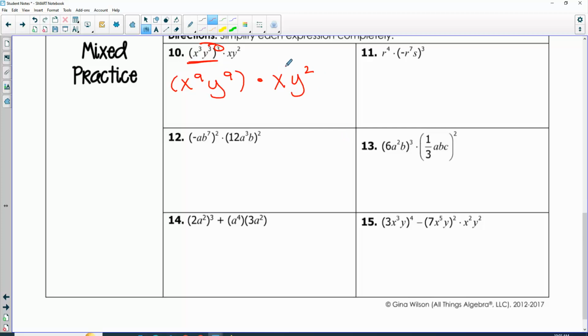This is like an x to the first. So if you have 9 x's and then 1 x, how many x's do we get all together? 10. With my y's, I have 9 y's here and 2 y's here, so that gives me 11. X to the 10, y to the 11.